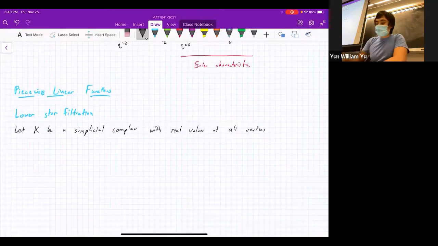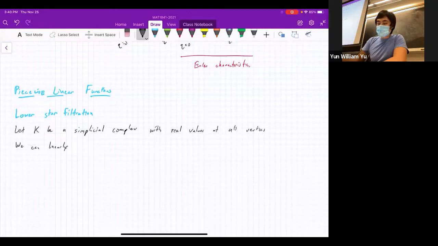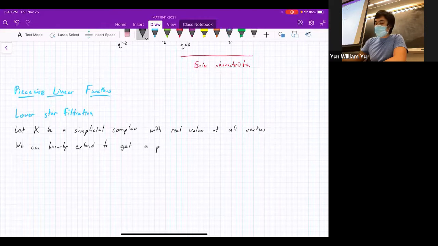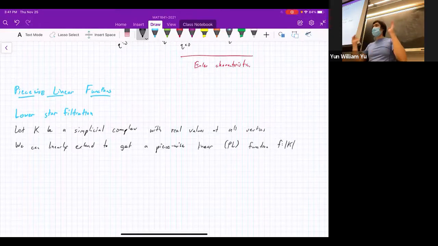So then what we can do is we can linearly extend to get a piecewise linear function f from, I'm going to use the double bar around K to refer to the simplicial complex geometrically.